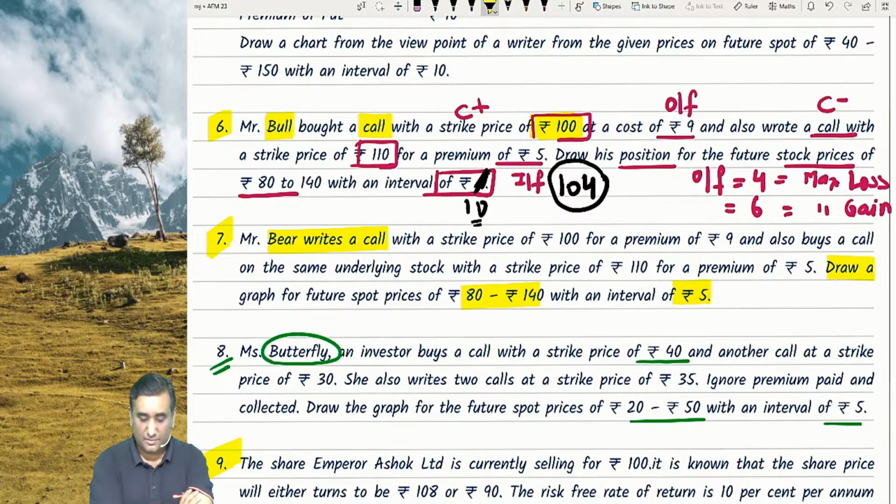The bear call, I think, lower strike price. You have C minus at 100, C plus at 110.